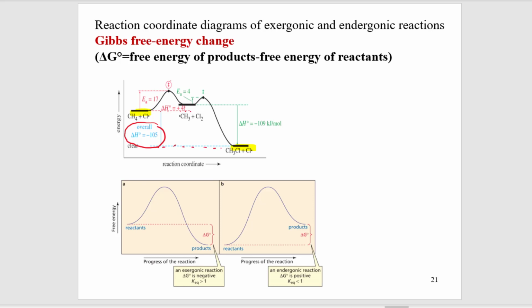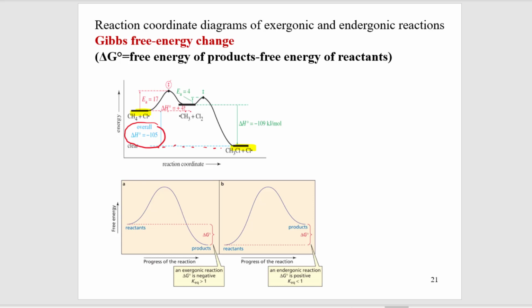There's a drop. From where I start to where I finish, there's a drop, a negative 105 difference in delta H. Okay? So that's how it relates to the y-axis. You can see that from start to finish, there's a drop. Thus, it's a negative.